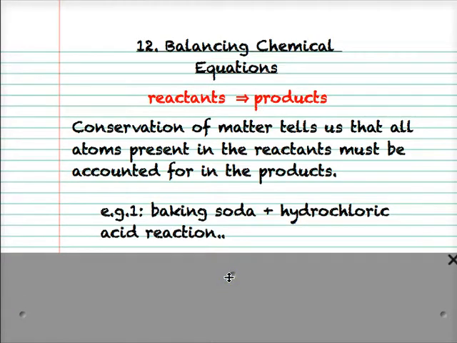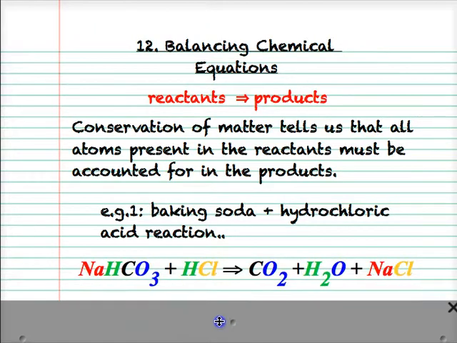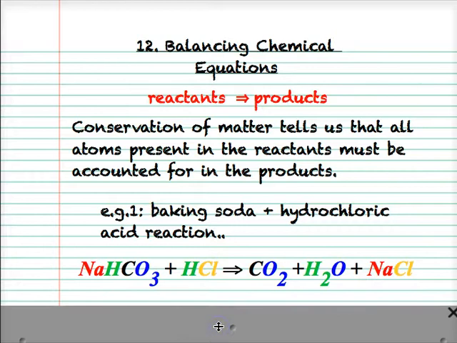Now, a while back we were looking at the baking soda and hydrochloric acid reaction, which fizzes nicely, producing carbon dioxide, and this is the equation that we wrote down. I've color-coded this to show the different atoms on the left and on the right of the equation. On the left, one atom of sodium, also one atom of sodium on the right hand side.